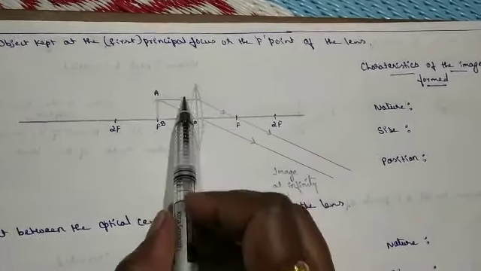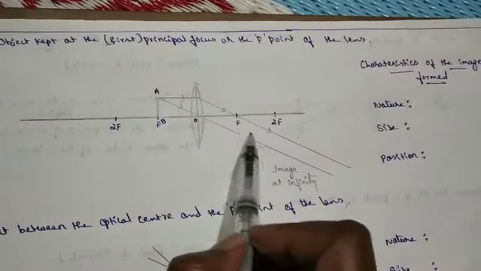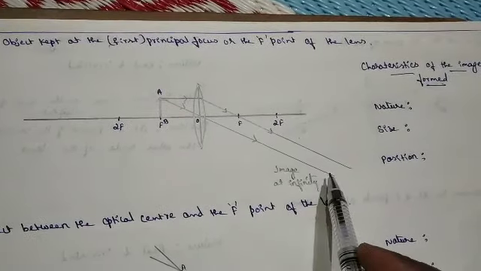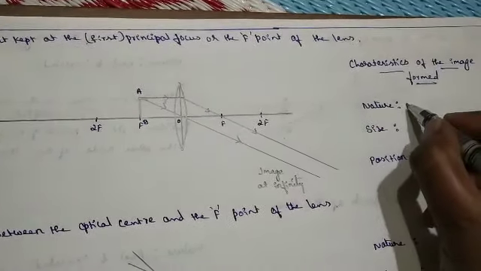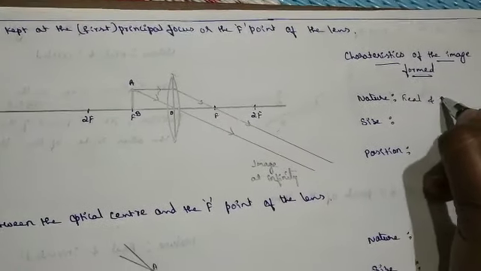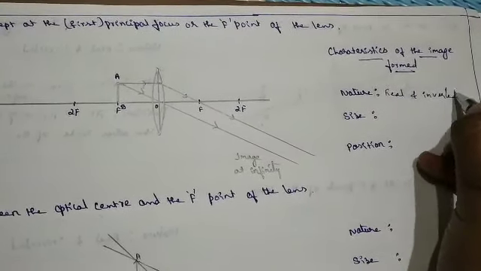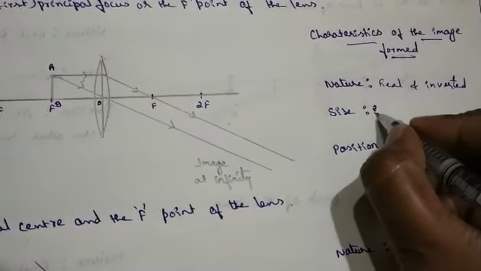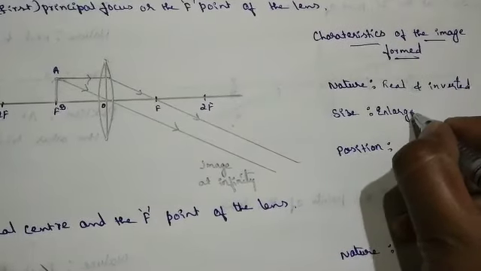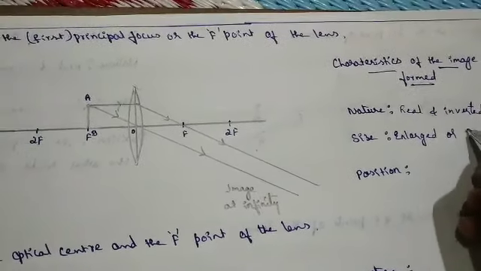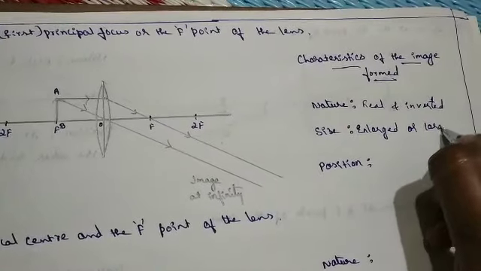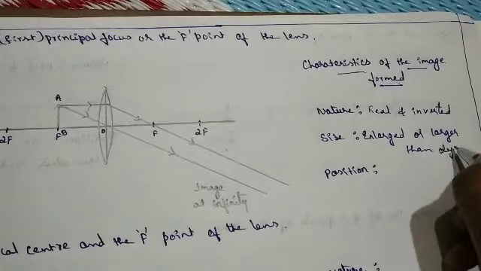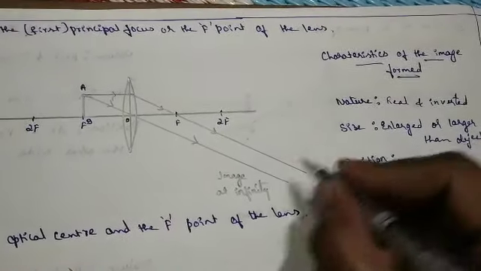Be aware children, here you have to show the arrow marks. Arrow marks are very important in this case. By looking here we can tell image nature: real and inverted, size: enlarged, or you can write larger than object. Position: image at infinity.